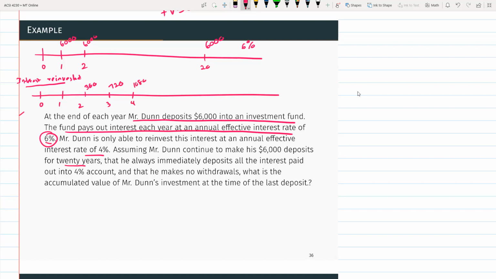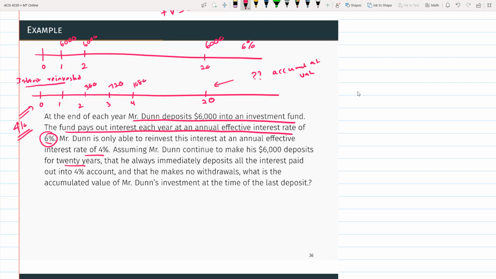Now this account is going to earn interest at 4%, again effective. So we do this until 20. What is the account value at the time of the last deposit? So when you come to here, what is the accumulated value? Okay, we have to consider both.